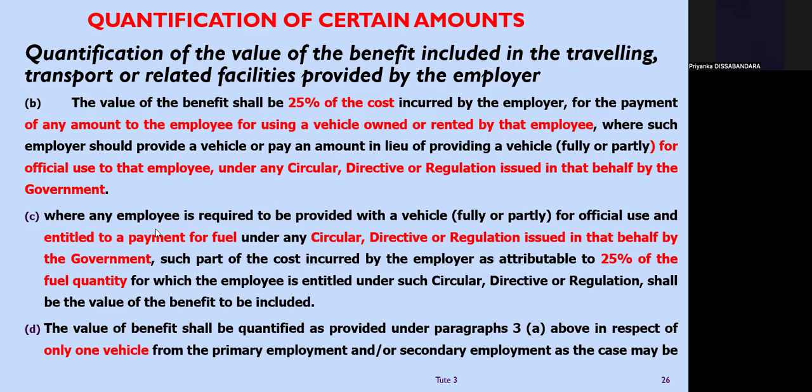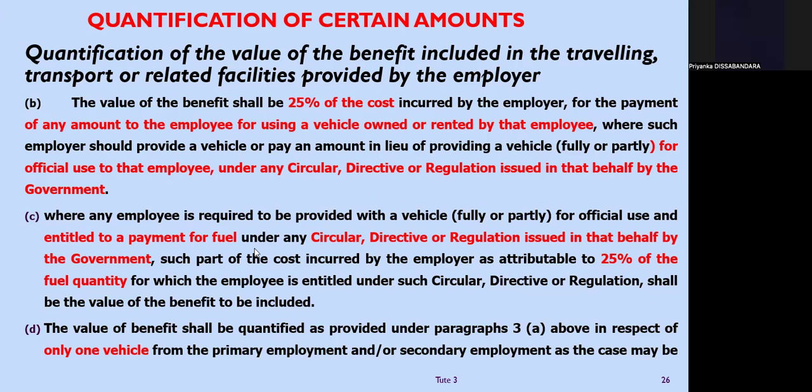The next one is where any employee is required to be provided with a vehicle and entitled to a payment for fuel under any circular. That means in this case, that employer should provide a vehicle or pay an amount in lieu of providing a vehicle. That means in this case, B is relevant for the vehicle and C is relevant for the fuel.